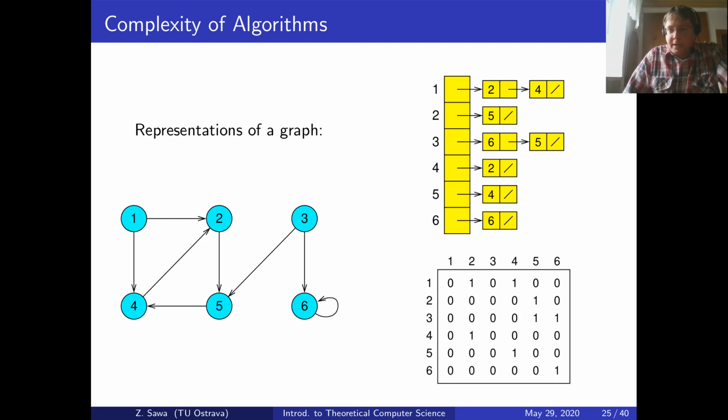On the other hand, if I needed to test for a given pair of nodes whether there is an edge between them, then in the list representation the list could be long. It could have theta n elements, if there were a big number of edges going out of a given node, and it would be necessary to linearly go through this list if they were not sorted in some particular way.